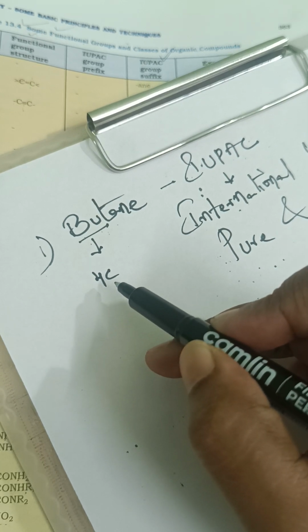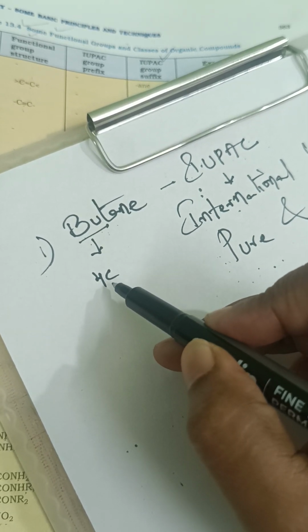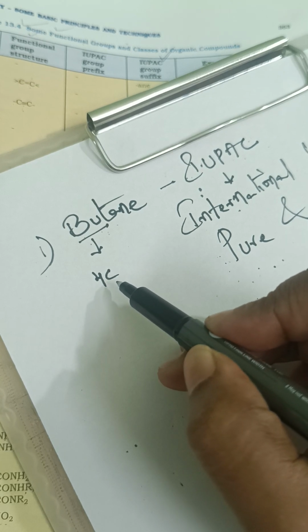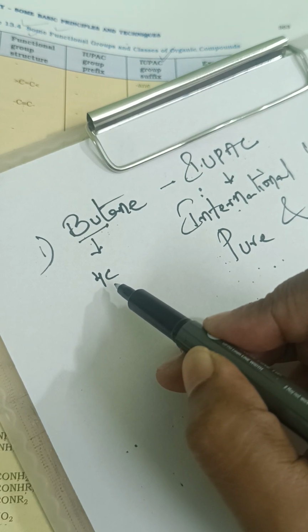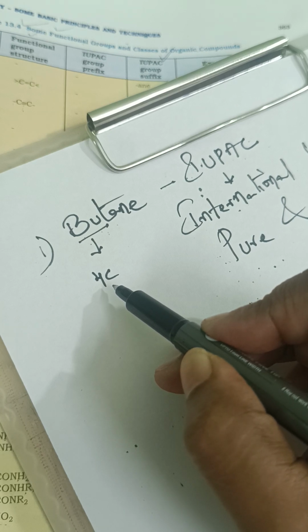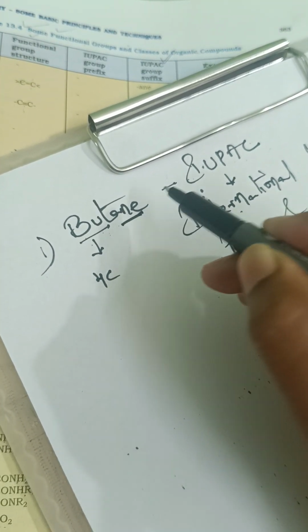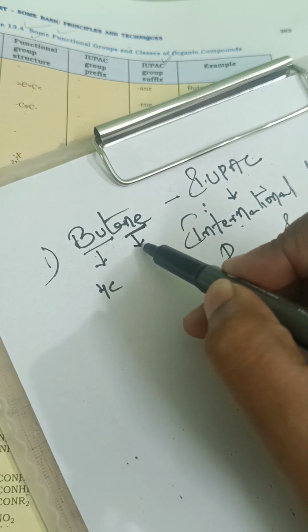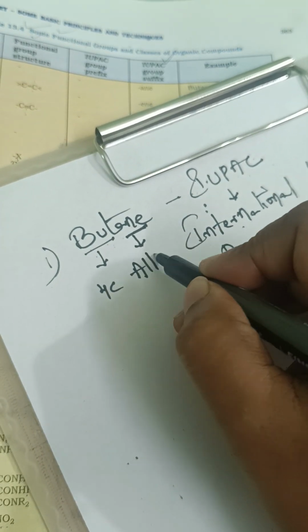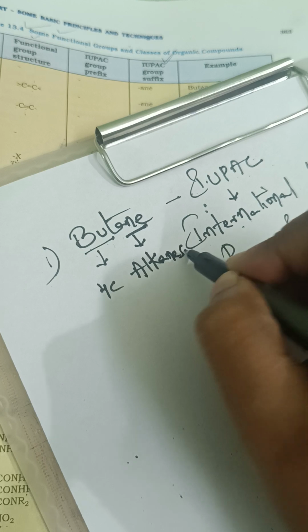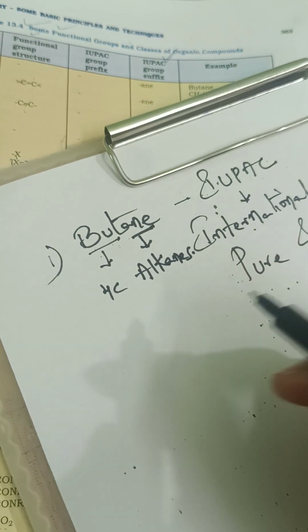If you go to the first video, you will understand the chain length and the word root, that is, for how many carbon atoms which prefixes or word roots are taken. And here "ane" means it is coming under alkanes.